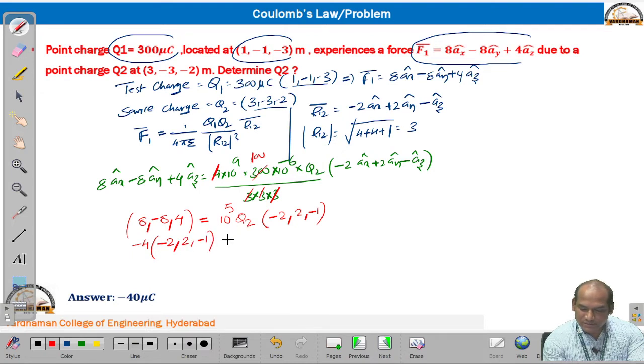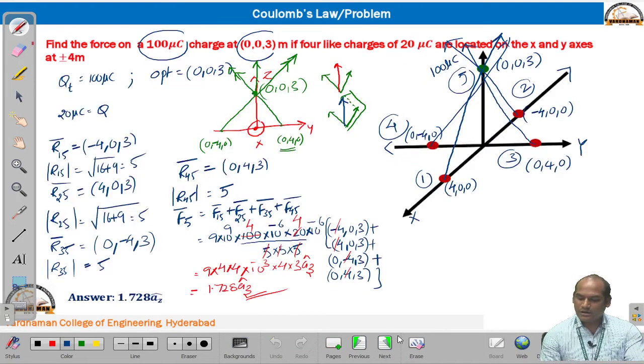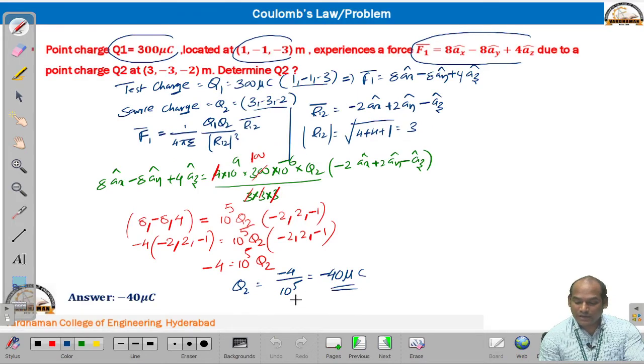That is equal to 10 power 5 into Q2 times minus 2, 2, minus 1, and we can write here minus 4 is equal to 10 power 5 into Q2. So, we can get Q2 is equal to minus 4 by 10 power 5, that is equal to minus 40 microcoulomb. So, like this we have calculated the Q2 value.